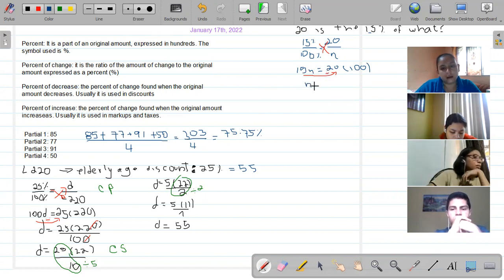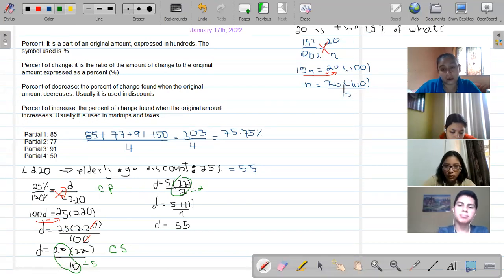And I'm going to say n is equal to 20 times 100, everything divided by 15. Now I use cross simplification, and I'm going to use the smallest numbers, 20 and 15. By what number am I dividing them? I'm dividing them both by 5.